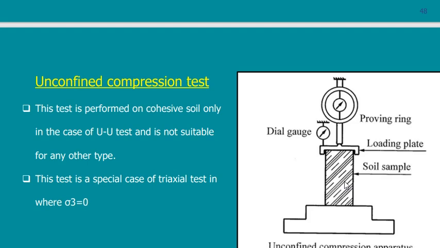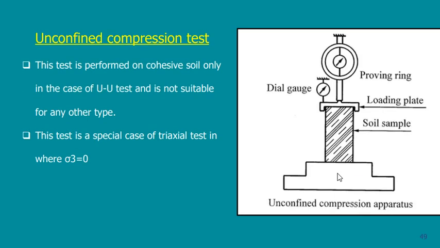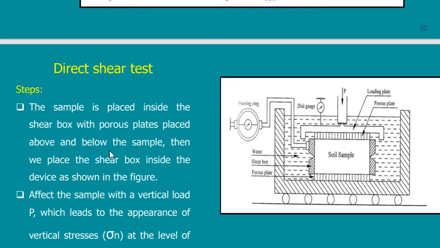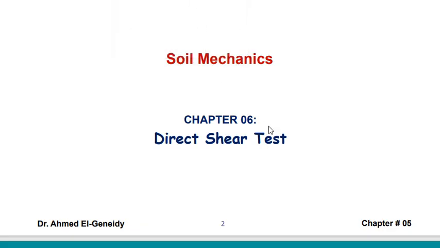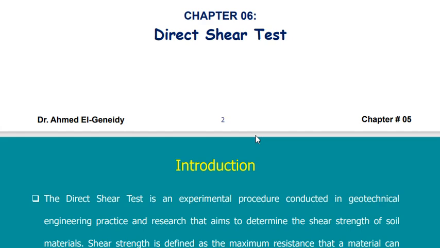If you take a sample inside the soil, it will be surrounded by soil from all directions. So this is a hypothetical case. It is not real life for soil samples. And we have our comments on this test, but we will discuss them when we discuss the test now in our lecture for chapter 6.